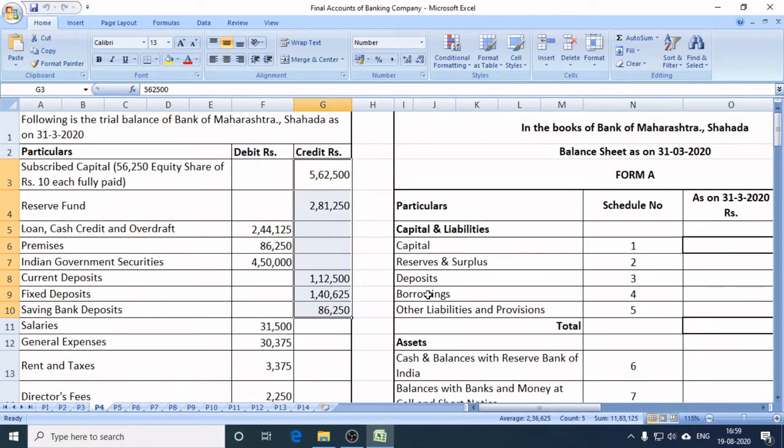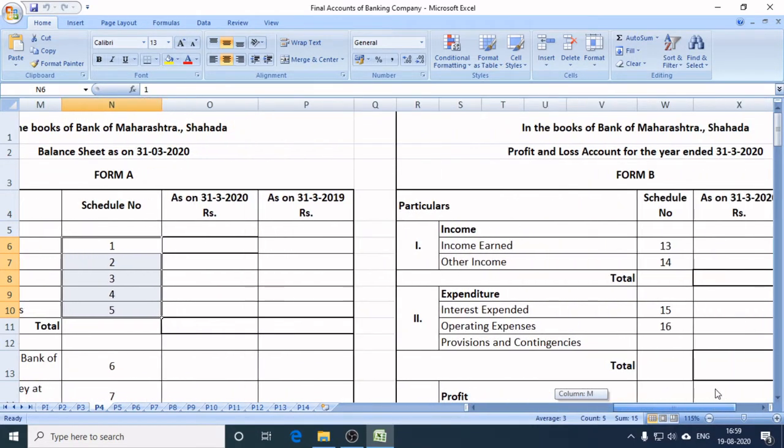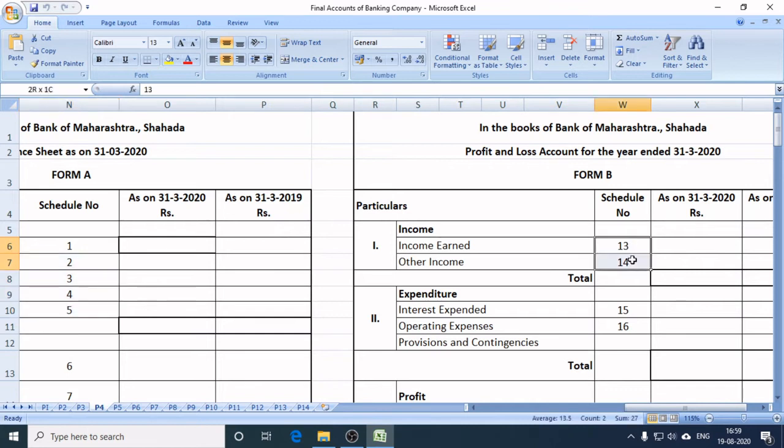If it is liability, as per the nature of a ledger, then out of these 5 schedules, you have to select the appropriate schedule for recording such a ledger. And if you think the ledger is an income account, then we have here 2 schedules. So out of these 2 schedules, as per the similarities between the ledger and the schedules, you have to select the appropriate schedule.